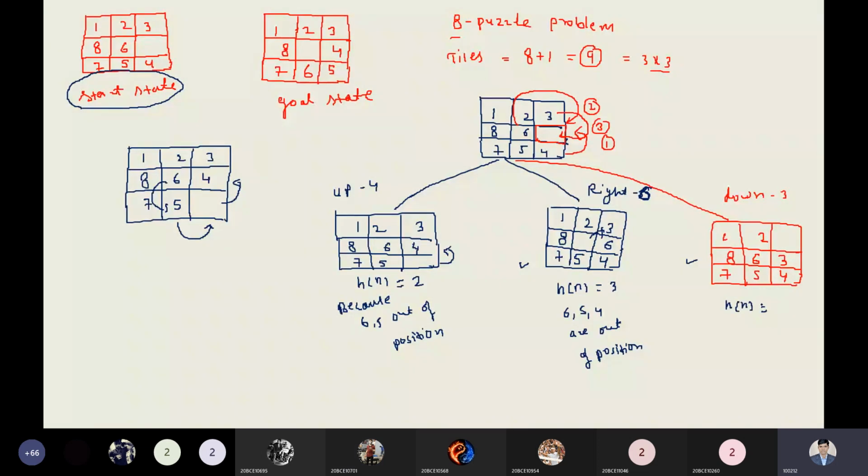Think and tell me, you can take your time to understand. Sir, 1. So 1, and why? 2, and why? 3 and why? 4 and why? The student who is picking 1, tell me why, and the students picking 2 and 3. Because only 3 is out of position, the rest are in their respective positions. The student who is picking 2, can you justify your answer?